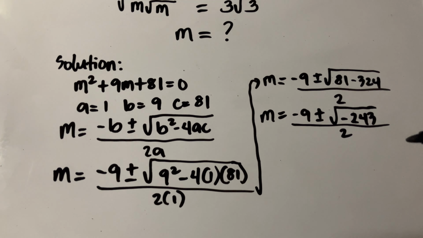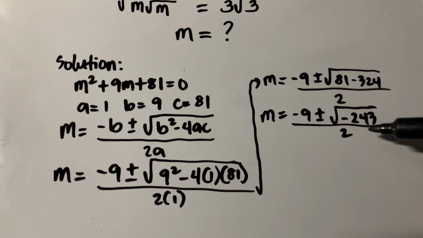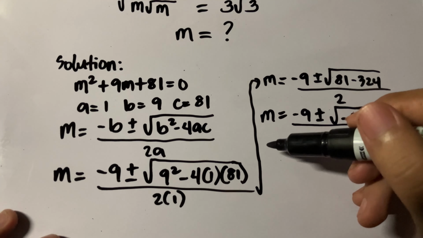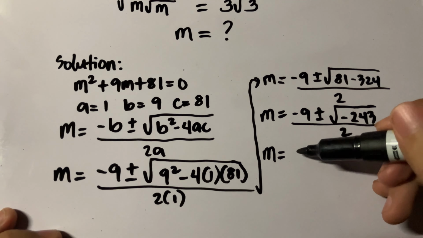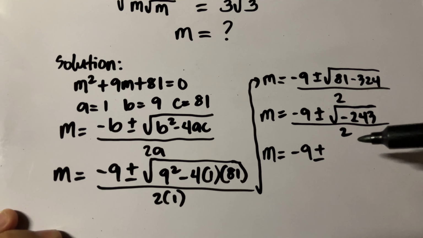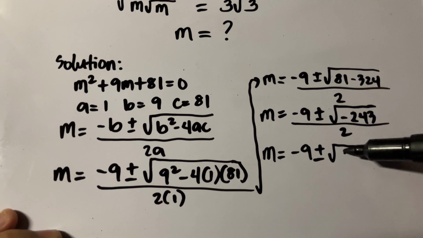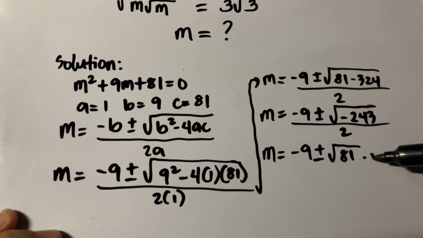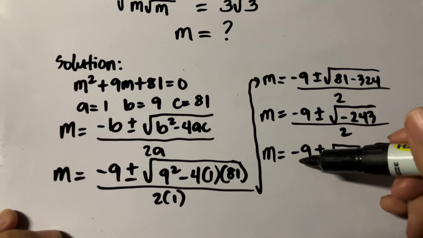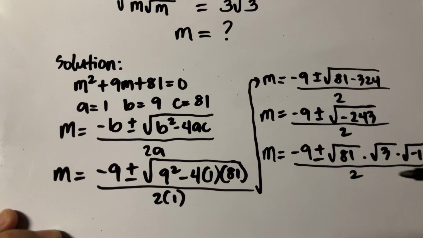Next, for square root of negative 243, we can split this into square root of 81 times square root of 3 times square root of negative 1, since it's negative. So to write, this is now m equals negative 9, plus or minus square root of 81 times square root of 3 times square root of negative 1, all over 2.